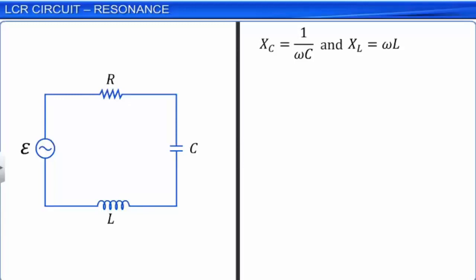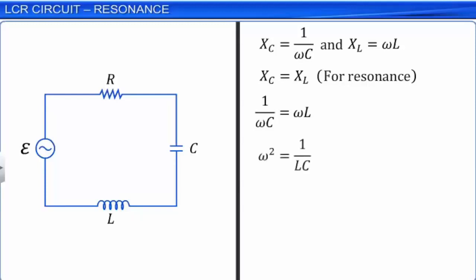Substituting the values of Xc and XL in the expression, which is the condition for resonance, we get 1 by omega C equal to omega L, or omega square equal to 1 by LC. On further simplification, we get omega is equal to 1 by square root LC. Let this be equation 2. Let us now call this angular frequency as omega naught. This frequency is also referred to as the resonant frequency of the circuit.